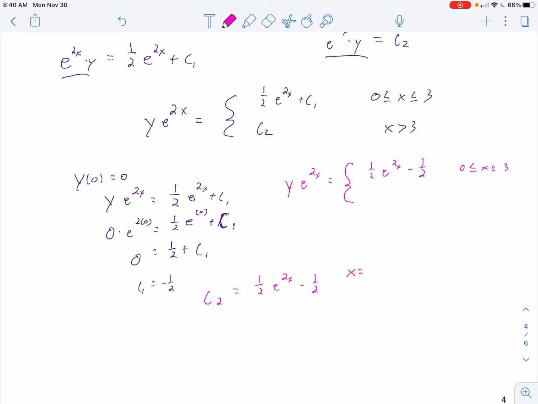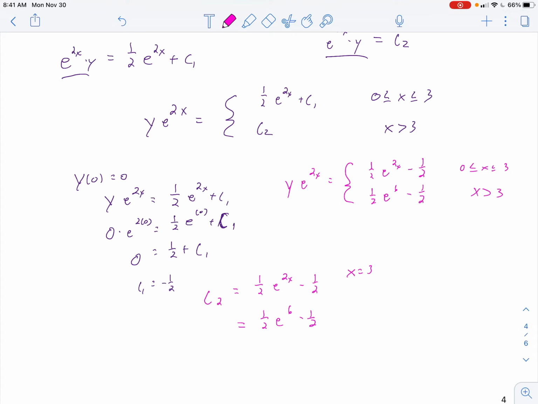But x has to equal 3 so that this can be continuous. So we substitute that in and get 1/2 e to the 6 minus 1/2 for continuity purposes.